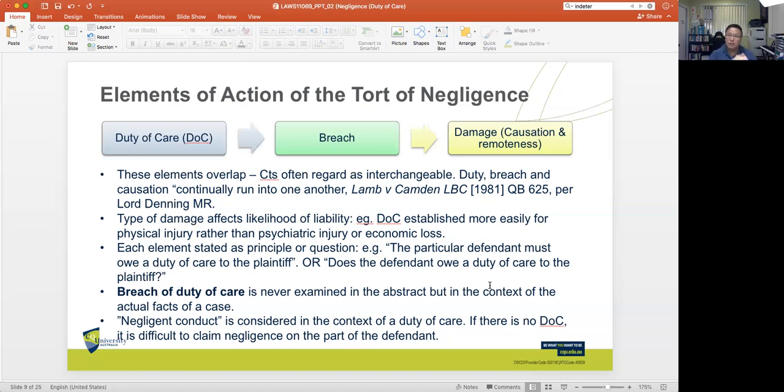The question is, would the driver then be responsible for the damage or harm suffered by the plaintiff?